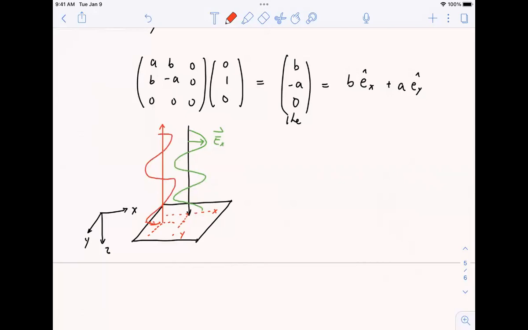Okay, so this will be the E scatter. You get the idea, right? It will be a combination of X and Y.